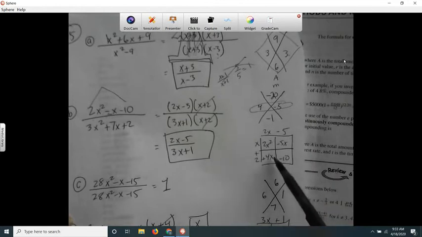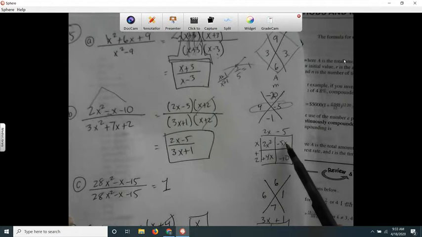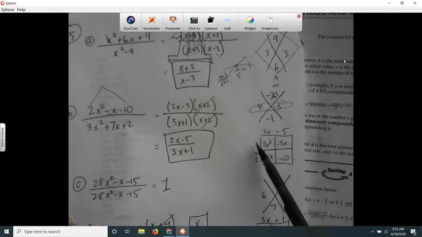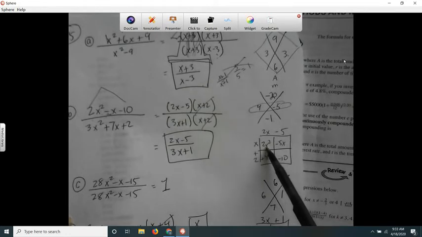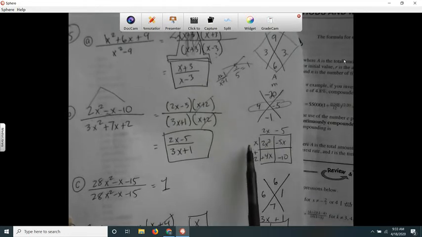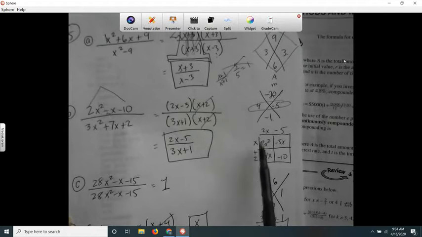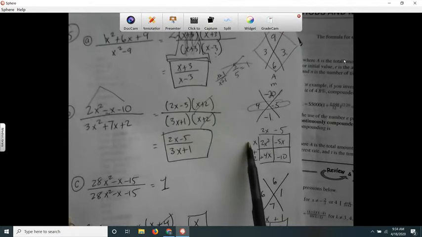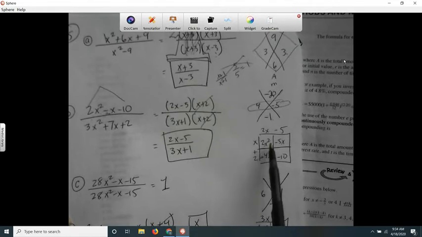It doesn't matter. I could have put the 4x here and the negative 5 here. It wouldn't matter. And then I remember that it's an area model, so something times something has to equal 2x squared. If I put the 2x over here, then I'm going to have difficulty over here because I won't be able to think of anything that times 2 equals 5.